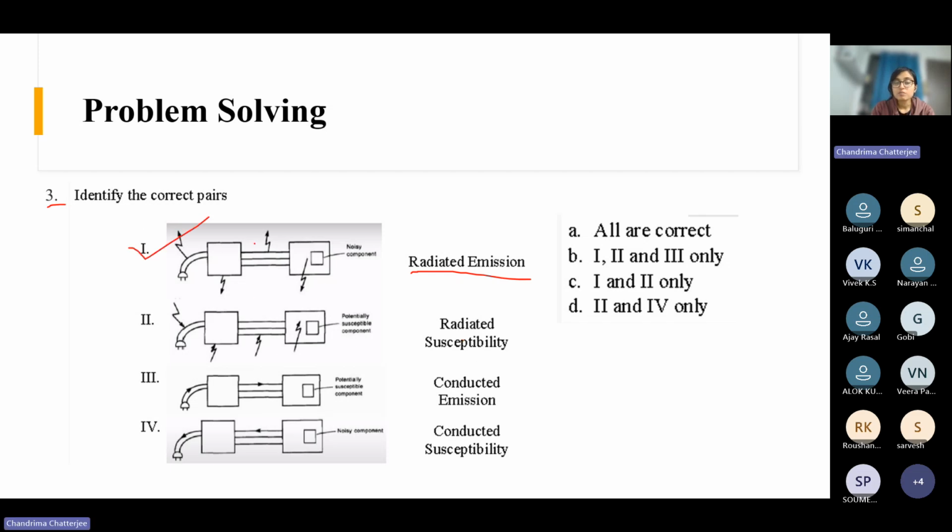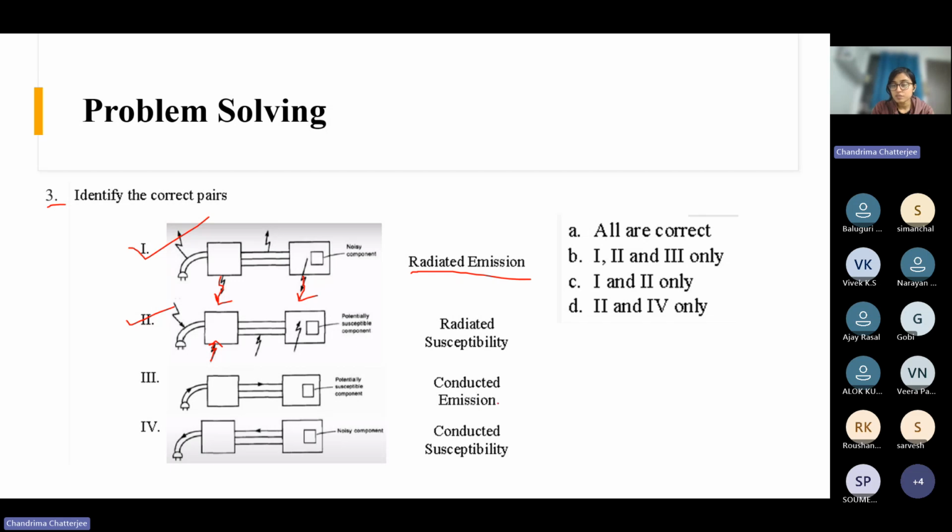For the emission, this is the source and it is radiating emissions. Due to the emissions from this source, other equipments may get affected. And what is radiated susceptibility? That your equipment is getting affected by other sources. That is susceptibility. So this representation is also correct.